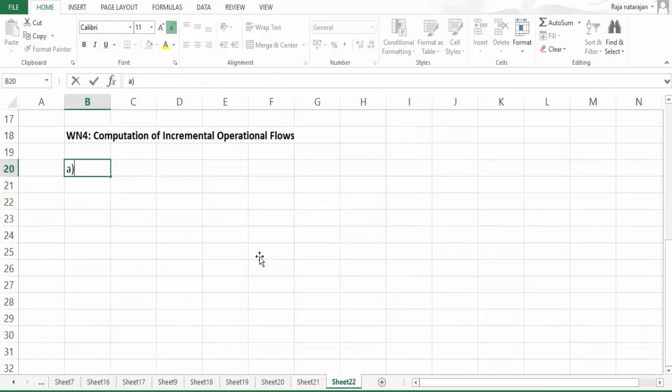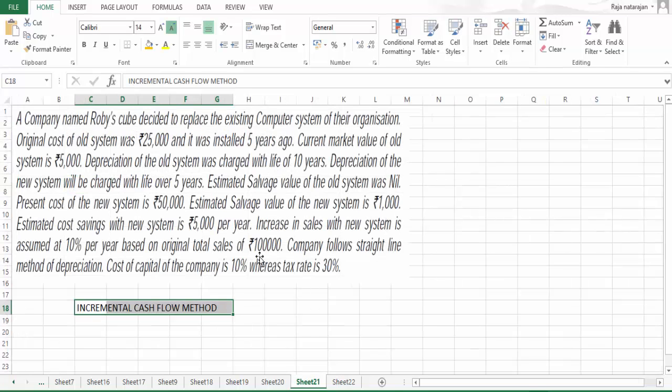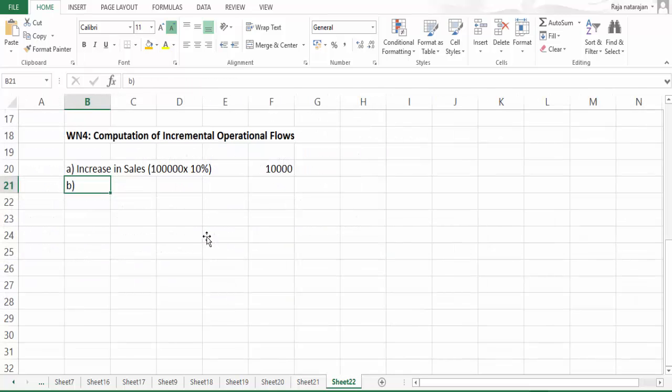So we can say increase in sales, item A, as 1 lakh multiplied by 10%. Okay, so the increase in sales is 1 lakh into 10%, that is 10,000. Then there are also some cost savings that are going to happen. What is that? Estimated cost savings with new system is 5,000 per year.